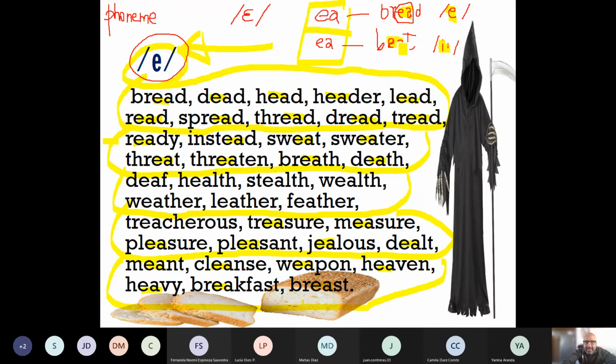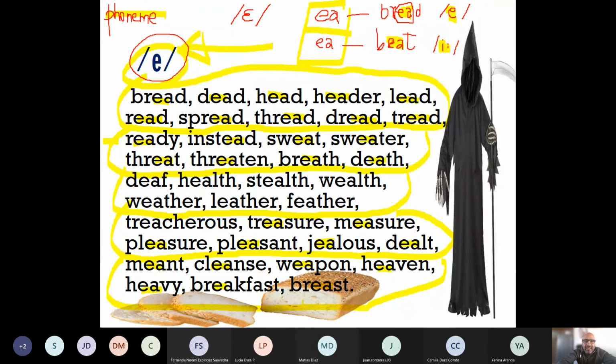That's something to be very conscious about, the sound or phoneme in these words.